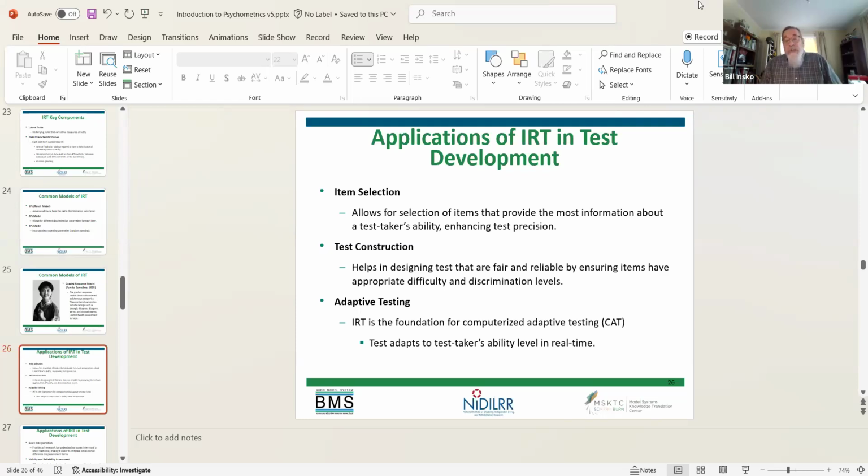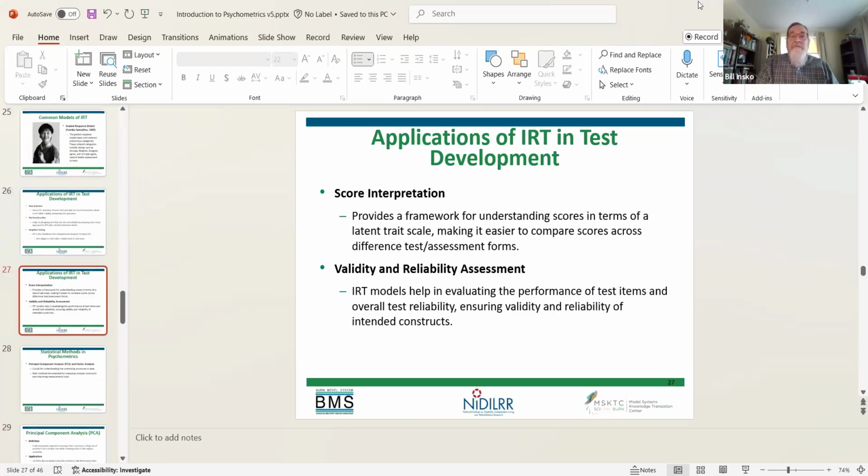Basically, now that you know an item is on the latent trait scale, it finds out where the person is on that scale, and it starts to look for items at that same person's level of the trait. And then you can go from there and get closer and closer to where that person is on the latent trait scale. So, really, really cool stuff.